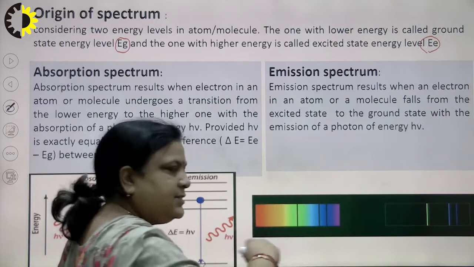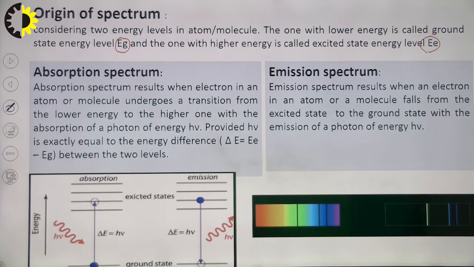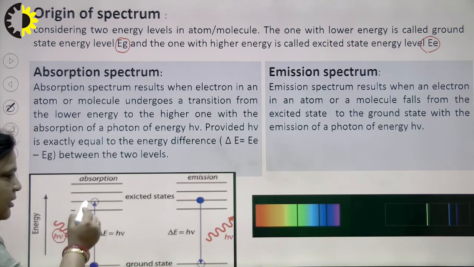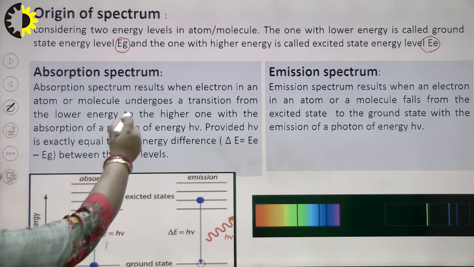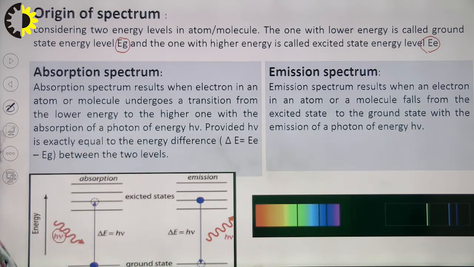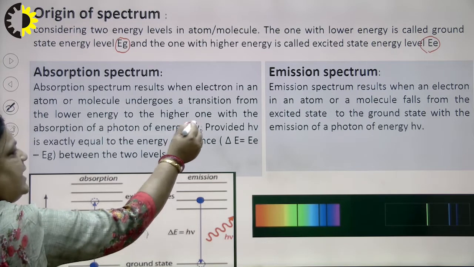So, when the molecule, atom or electron goes from the ground state to a higher energy state, it absorbs energy equal to h nu, which appears as an absorption spectrum. So, it results when the electron, atom or molecule goes from a lower to a higher energy state by the absorption of a photon of energy h nu.